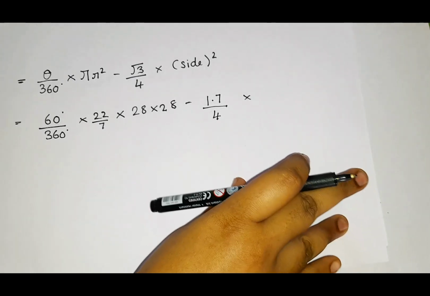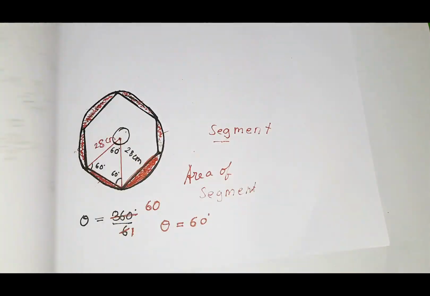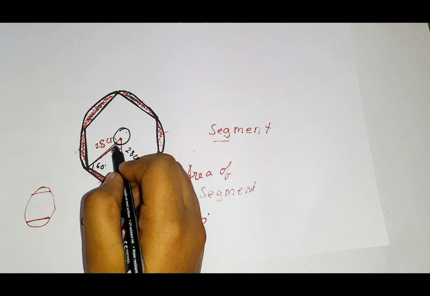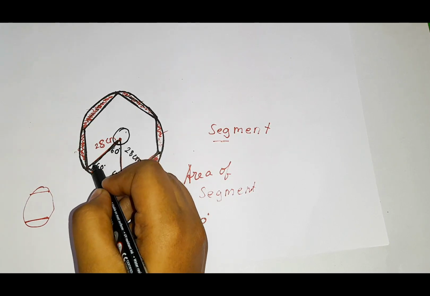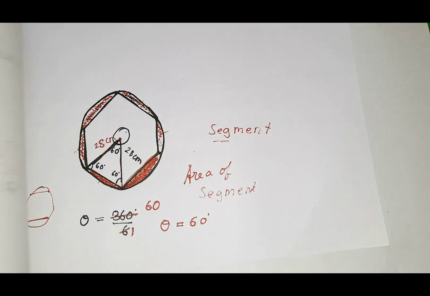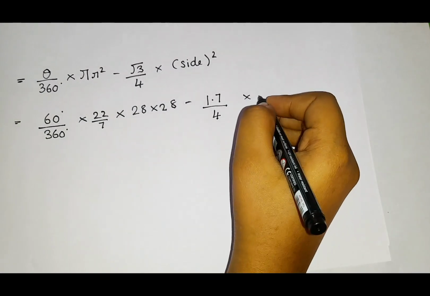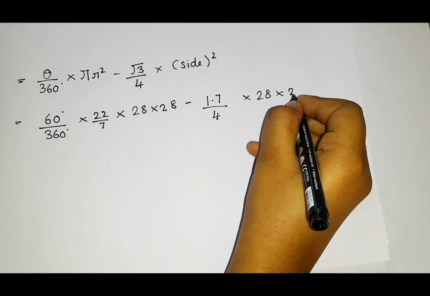So what is the side here? For this triangle the side is 28. So let us write 28 into 28.